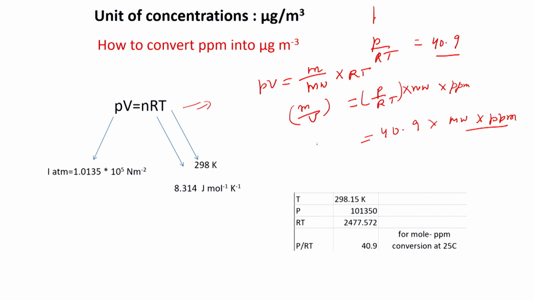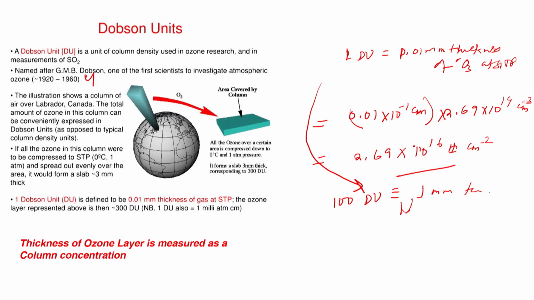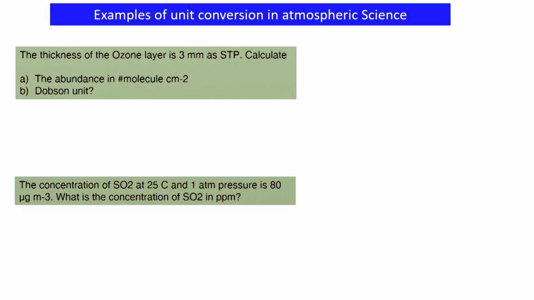If you have to report the concentration in microgram per cubic meter, you have to remember this equation. This is a very important equation. So we will do some calculations here. The first question is, for example, the thickness of the ozone layer is 3 mm at STP. Calculate the abundance of ozone in molecules per centimeter square.